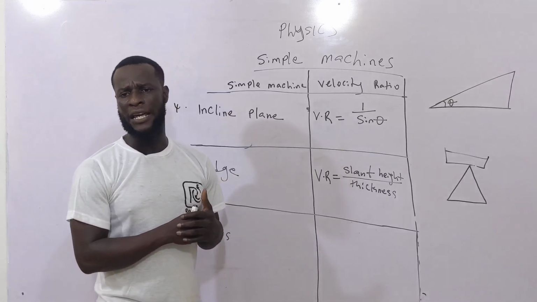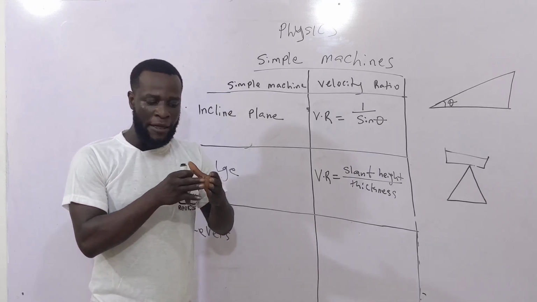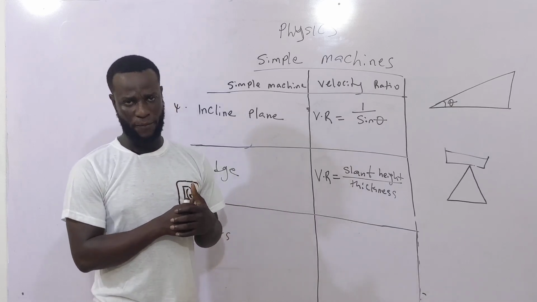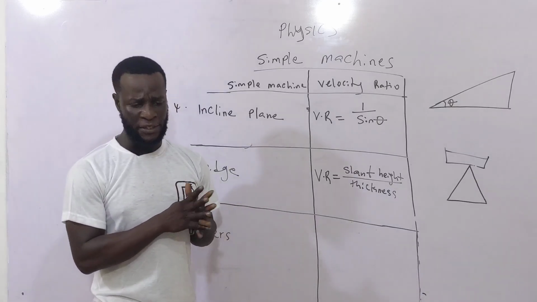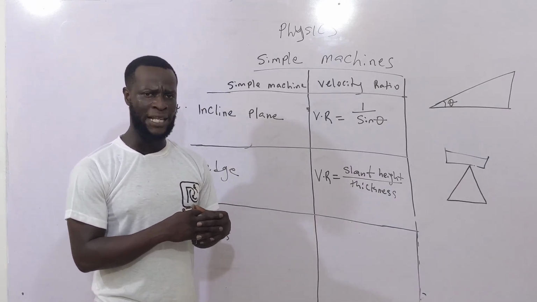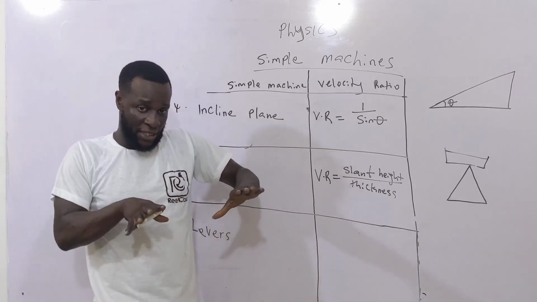In a second order lever, the load is in between the fulcrum and the effort. An example of a second order lever would be the wheelbarrow. The wheelbarrow is a good example of the second order lever in the sense that the load is in the basin, which is in the middle.